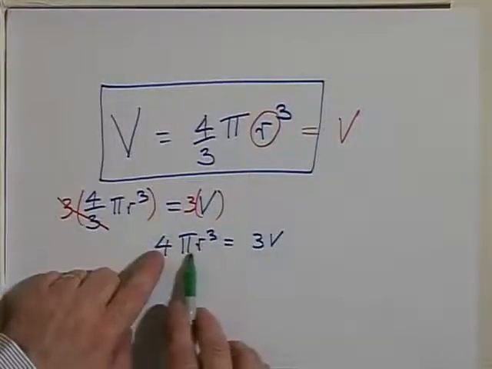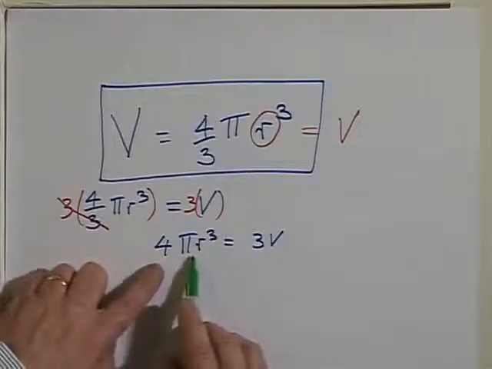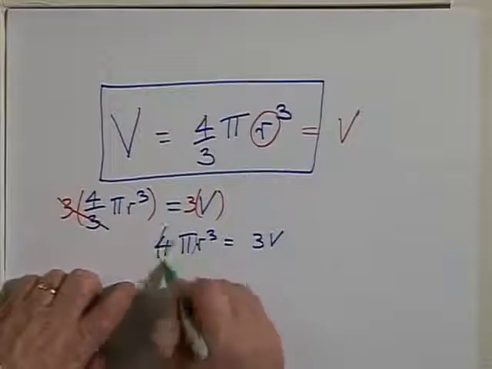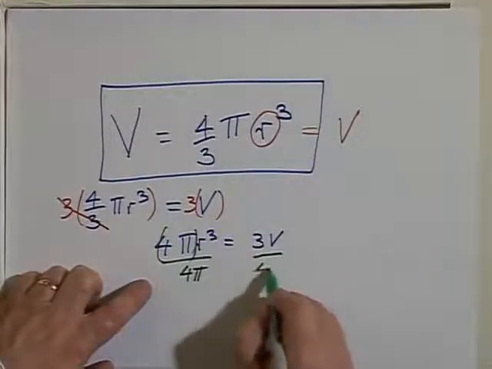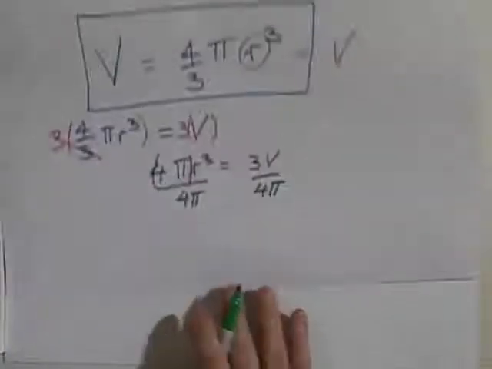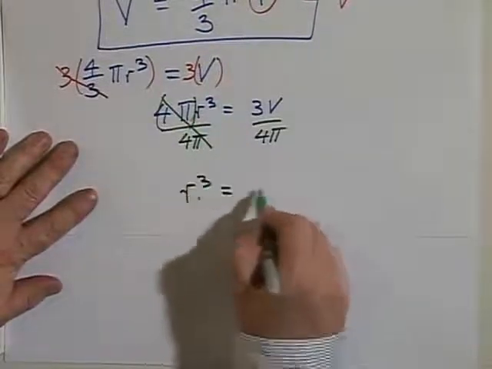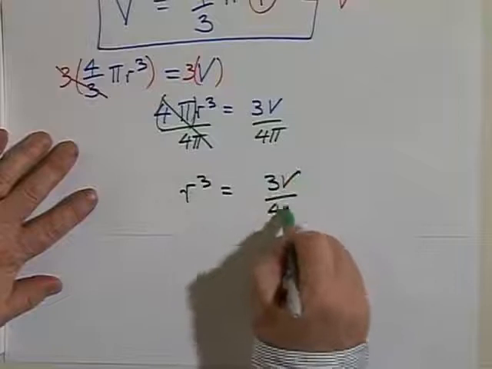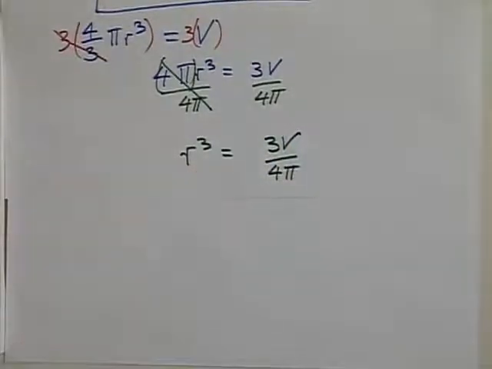Is the 4 multiplying? Is pi a number just like the number 3? So 4 pi is actually a number. That's just a multiplier. I could divide by 4 pi here. So at this stage, I'm down to r cubed is equal to 3V over 4 pi. But I don't like r cubed. What gets rid of a cube?